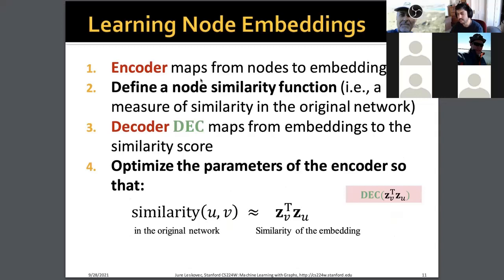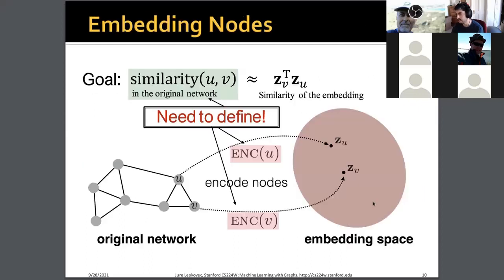So the encoder is what maps from the nodes to embedding. So on the previous slide, we had node U. We want that to then become ZU, and we want that in the embedding space somewhere. And then we also have to define the similarity function. So that's what I was telling before, is, are U and V similar or not? We have to make that distinction in some way. And then we also have to have a decoder, which I think is not even shown on the previous slide actually, but this decoder part is taking these embeddings for ZU and ZV, and then it's telling us, are these similar to each other?